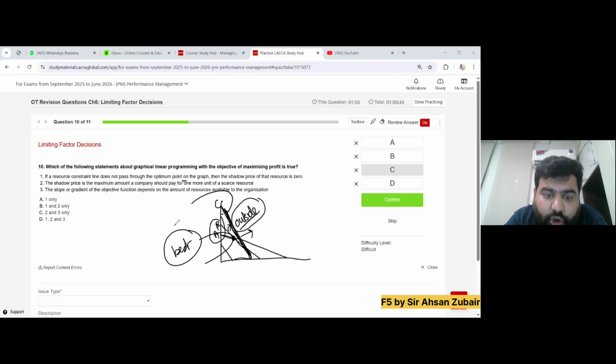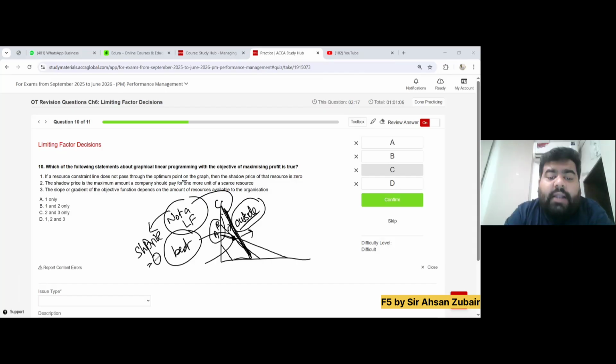So this will obviously not be a limiting factor. And if it's not a limiting factor, it means it does not have any shadow price. Shadow price is always at the point where you are finding the optimum point.